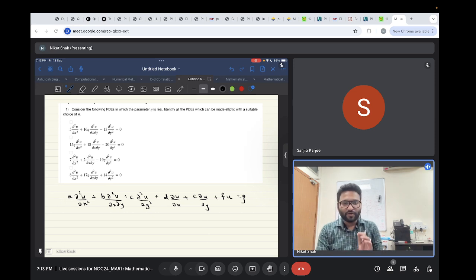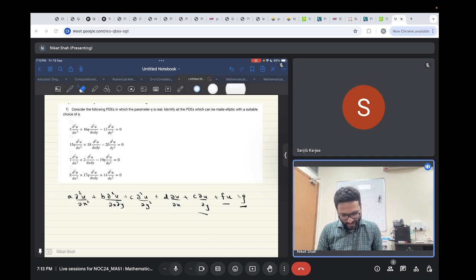So basically, it's a second order partial differential equation. It will have all kinds of second order derivative terms, first order partial derivative terms, the function itself without a derivative, and some function on the right hand side. So this is your general form.